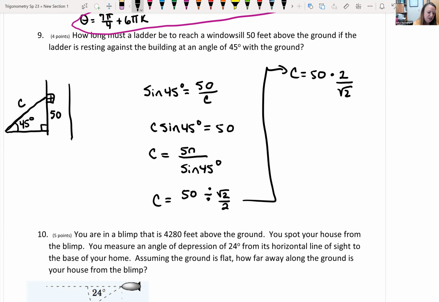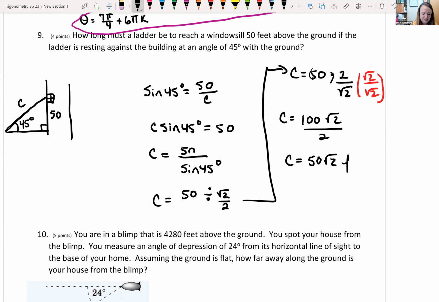This is going to give us c is equal to, well, 50 times 2 is 100 root 2 all over 2. So we get c is equal to 50 root 2. And we're in terms of feet. So you don't have a calculator, so we're going to leave it in that exact form. So the length of our ladder needs to be 50 times root 2 feet.